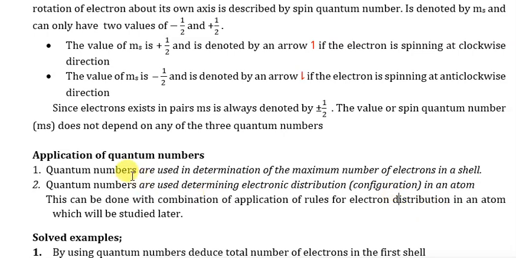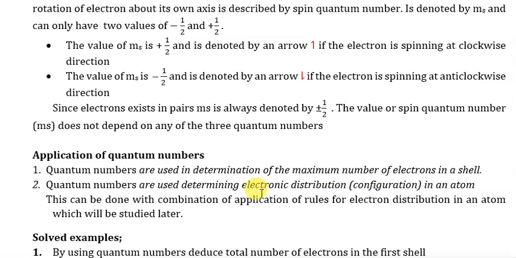As for the application of quantum numbers, first, they are used to determine the maximum number of electrons in a shell, and you can even calculate it for a whole atom. Second, quantum numbers are used to determine electronic distribution or electronic configuration.